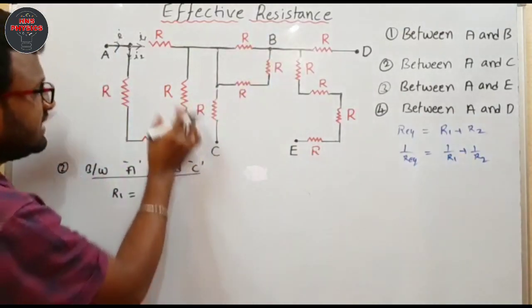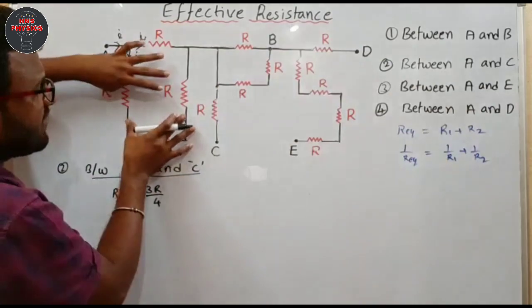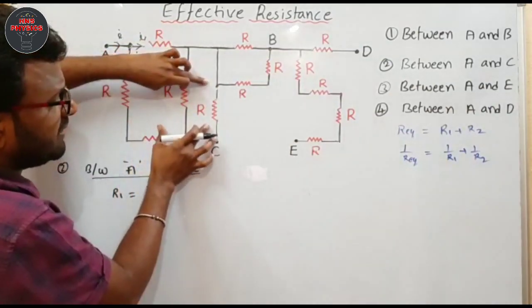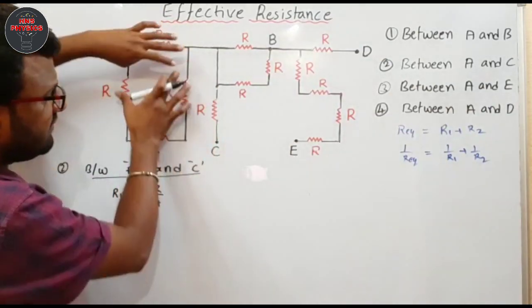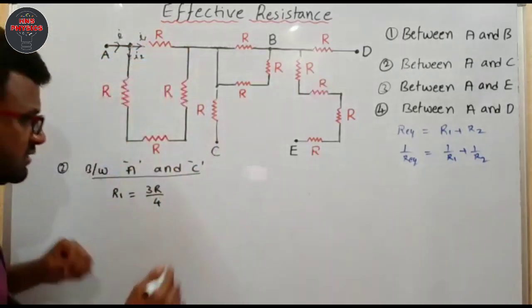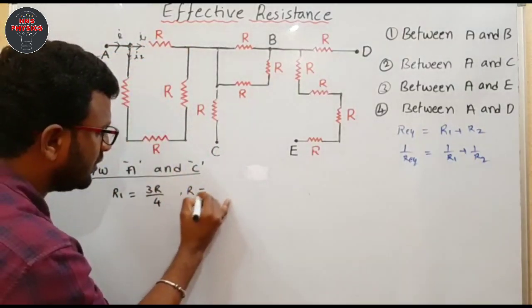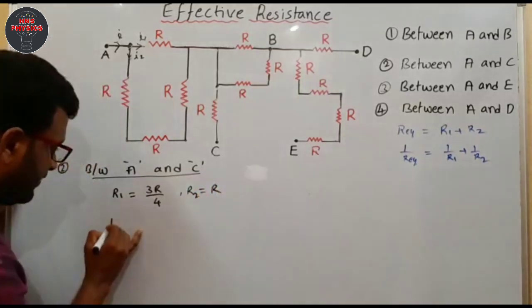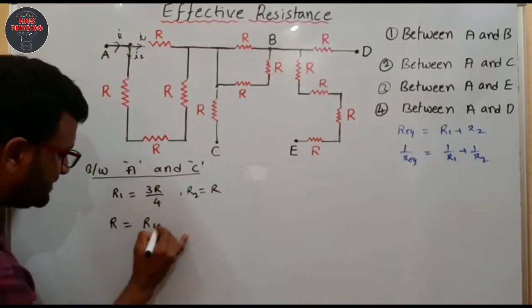So this effective resistance is in series combination with this resistor. So here R2 equals R. Then total equivalent resistance equals R1 plus R2.